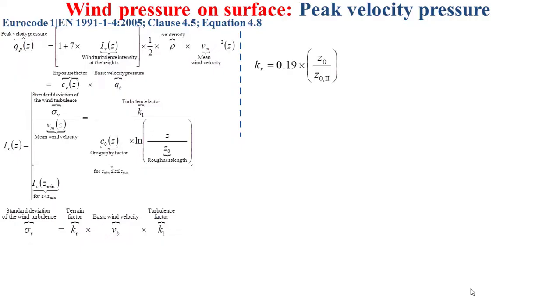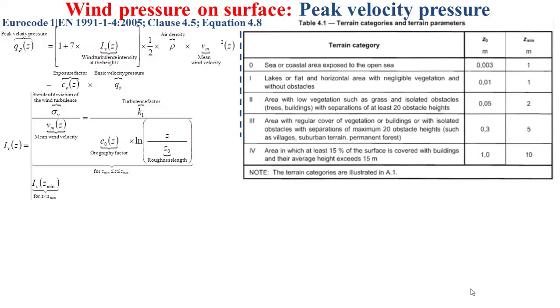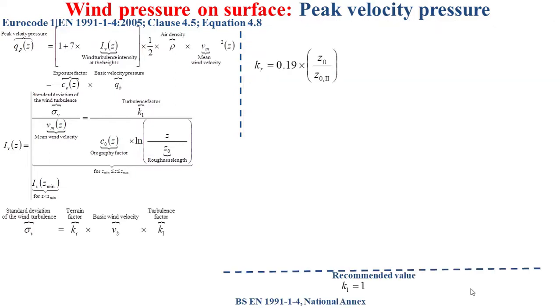And here the terrain factor Kr is obtained as 0.19 multiplied by Z0 divided by Z0 associated to the terrain category 2. Don't forget, Z0 is obtained using the table 4.1 in Eurocode 1 standards. And here, the recommended value of the turbulence factor K1 is equal to 1.